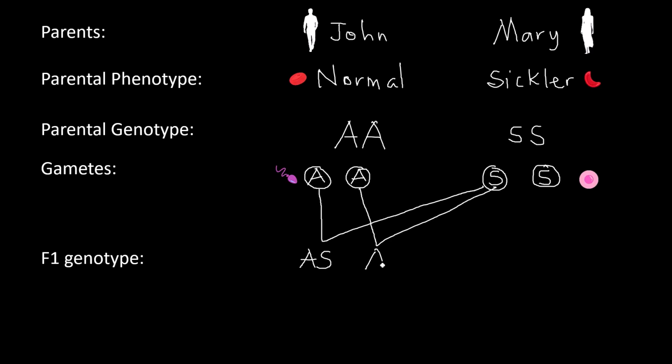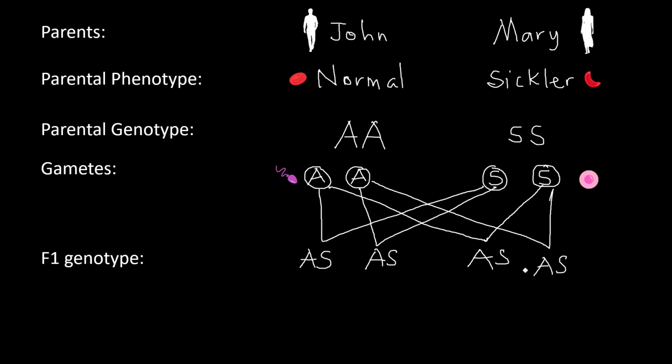We still have AS. This one pairs up with this. That is still going to give us AS. What if this pairs up with this? We still have AS. Good. So these are the possible genotypes of the offspring that John and Mary are going to have.